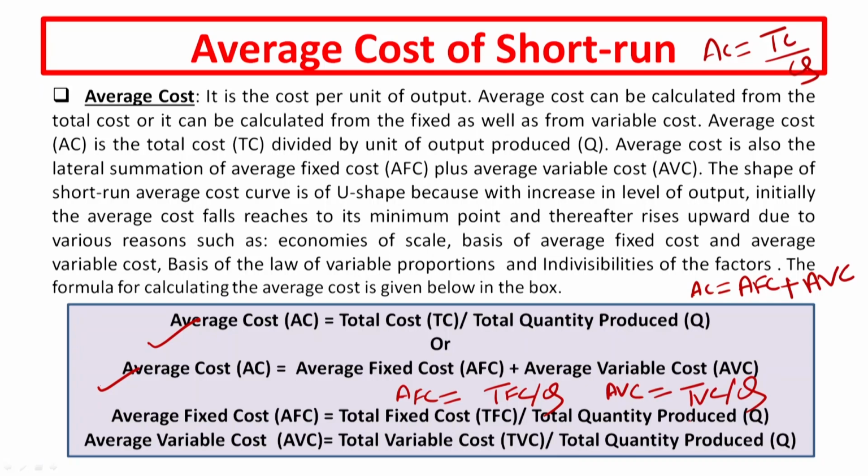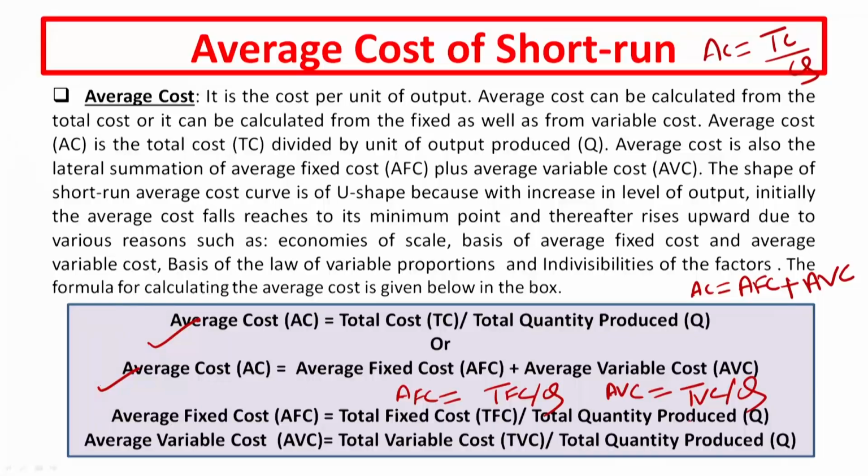So, the shape of the average cost is U-shaped, which means as you increase the level of output, initially the average cost falls, reaches its minimum point and thereafter starts rising.